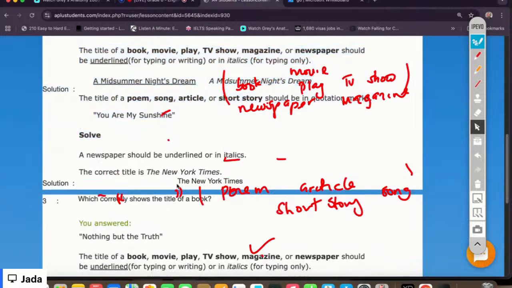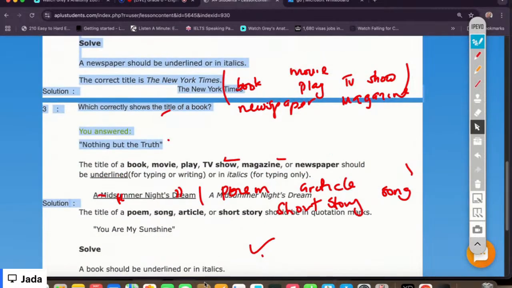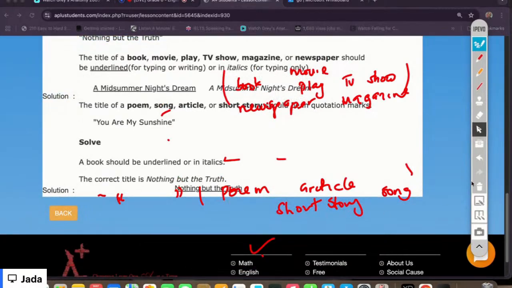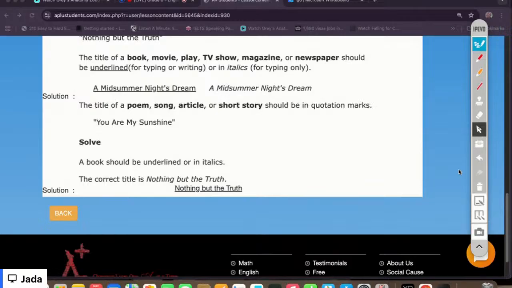So it's underlined because it's not written in italics, right? Okay. Then for book, also you have this one over here. Nothing but the Truth. This is the title of a book and it's not written in italics, so it's underlined.